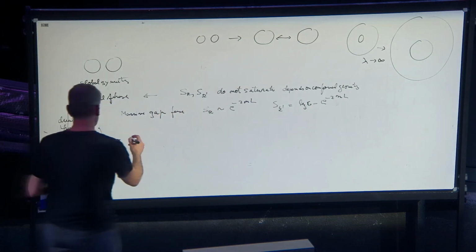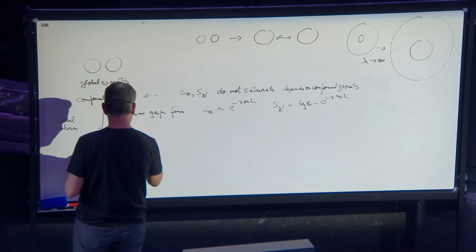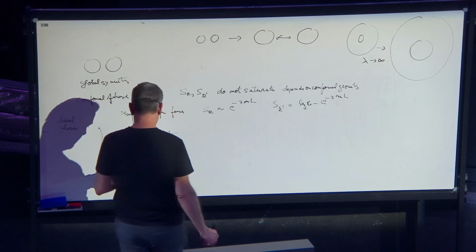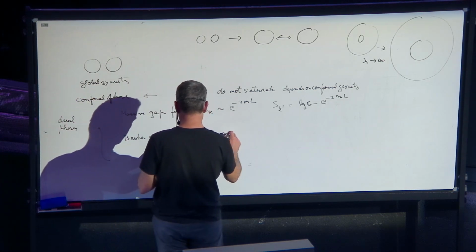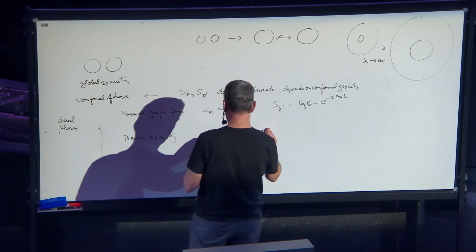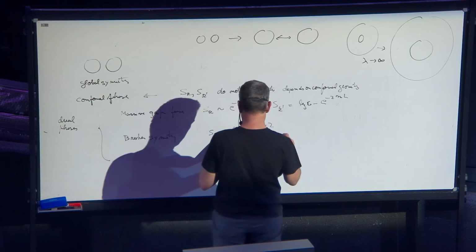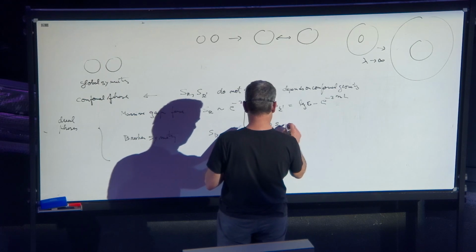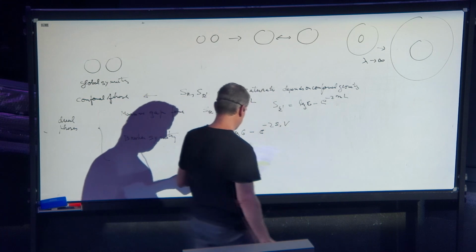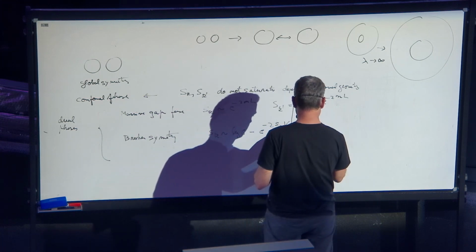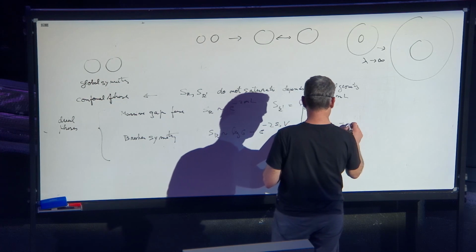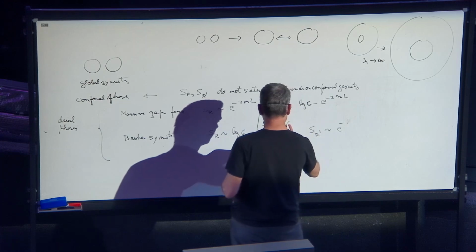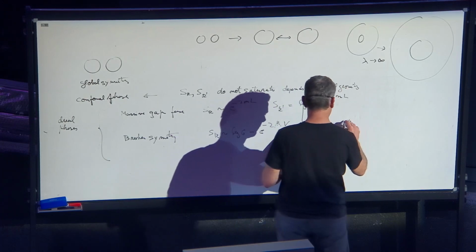And the other dual phase is the broken symmetry phase, where S_R goes as log G minus e to the minus 2 mu times the volume. Let me call it mu here in order not to confuse.